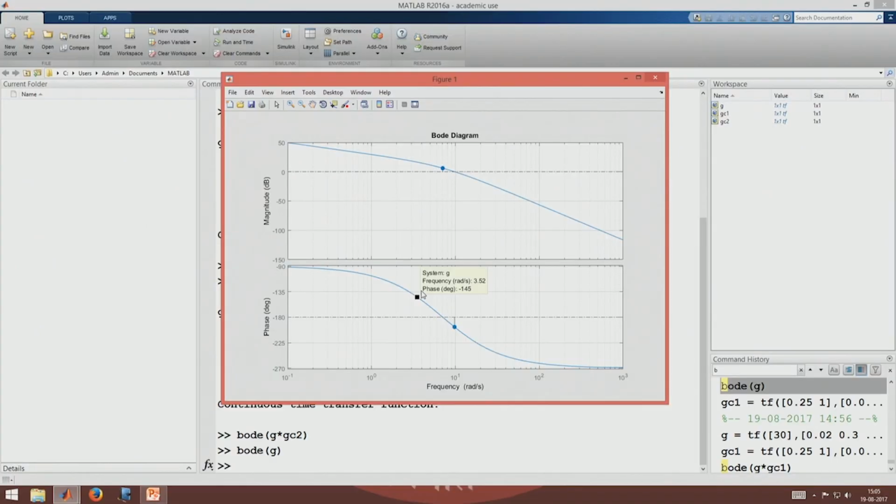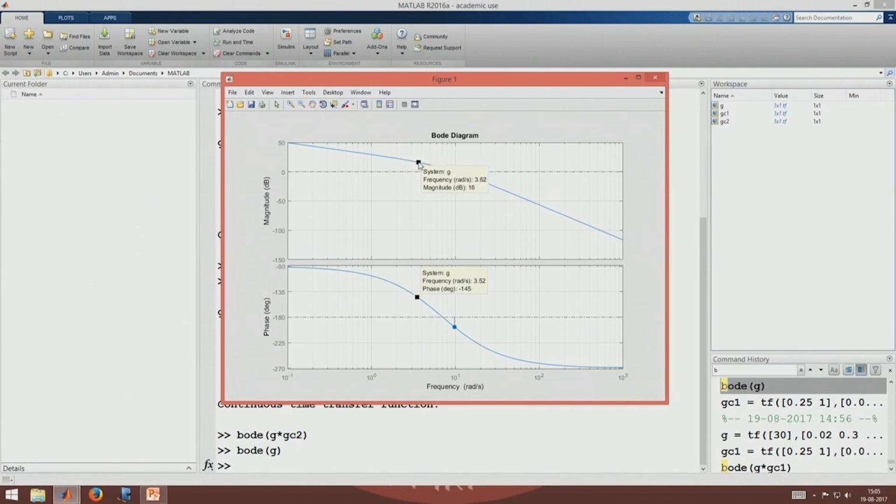I go back to my plot here, which is just the gain compensated system with k equal to 30, and I choose, just by trial and error, some partial compensation. Let me say I choose this frequency here where the phase is minus 145, which means the phase margin is about 35 degrees. And when will this become the phase margin? When this frequency, 3.52, is actually the gain crossover frequency. Okay, so I go here.